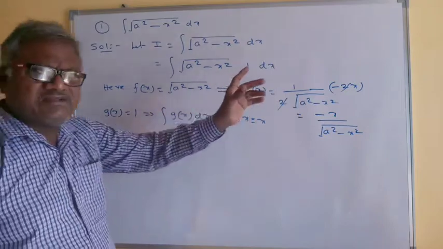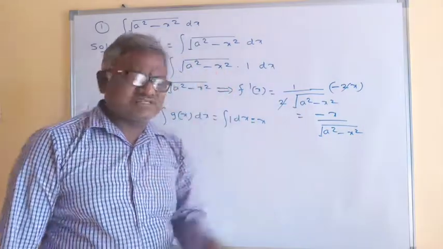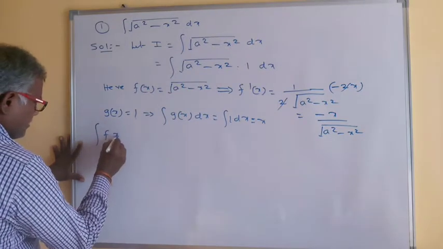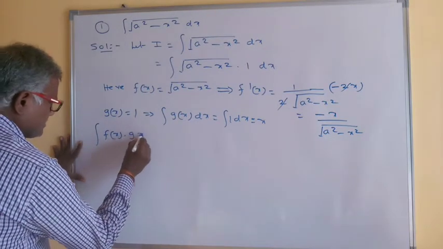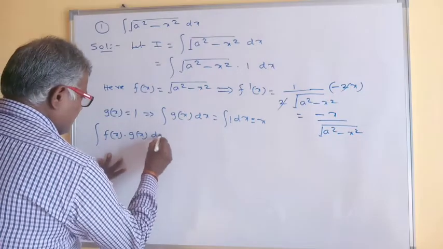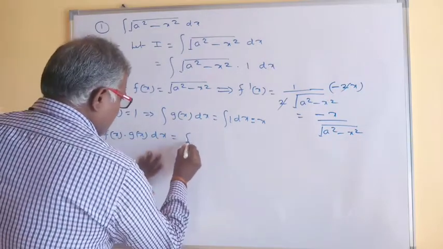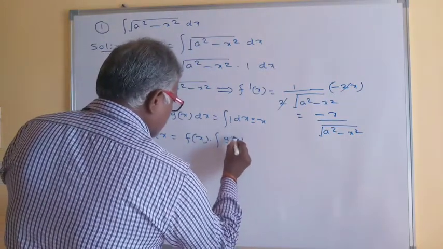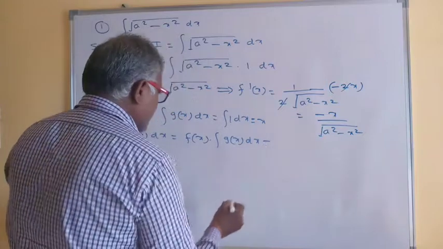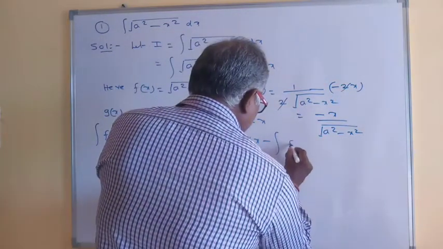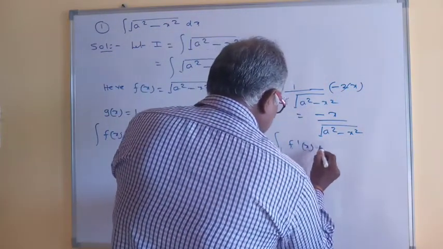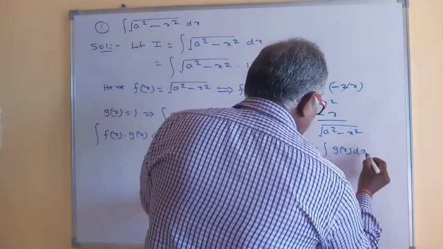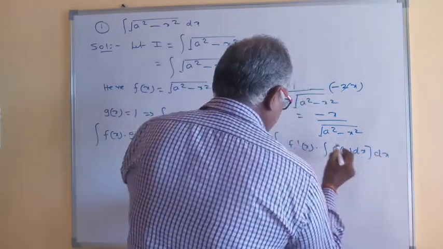Now here is the formula: integral of f of x into g of x dx is equal to the first function f of x into the integral of the second function, minus the integral of the derivative of the first function and the integral value of the second function.